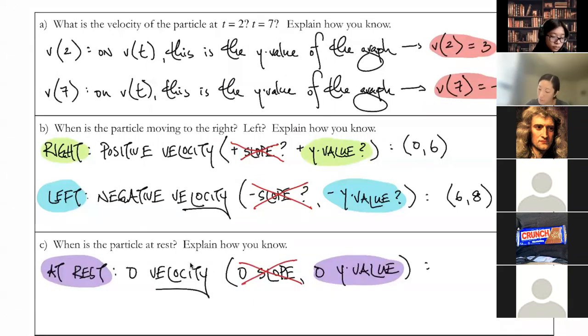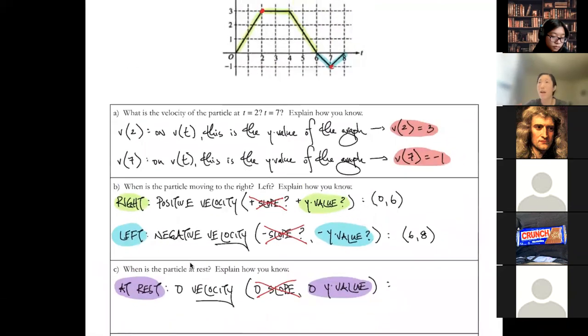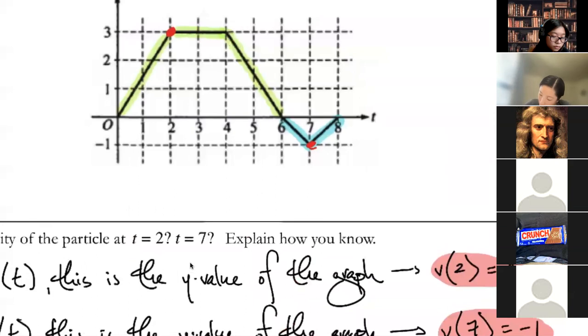Okay. Now, Marissa, you ask a really great question, which is why do we have brackets there? And that is because if we look at this graph here, and I ask you, what is V of 8? You would tell me that V of 8 is 0.